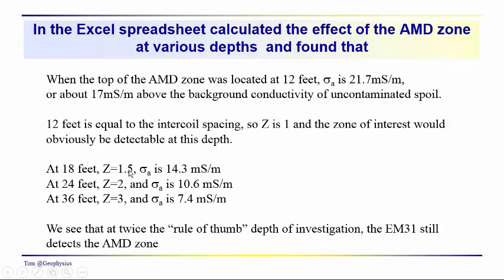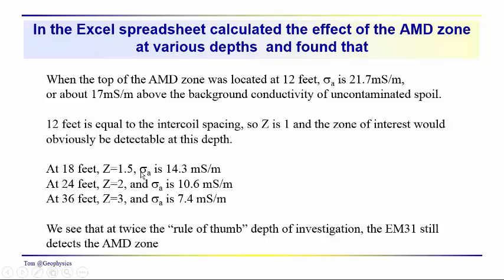Depth to the top is 1.5 meters, Z equal 1.5 times the intercoil spacing. So we're carrying it beyond the zone of potential comfort. You might feel, if you like those rules of thumb, that this is not going to do you much good, but you would be just fine.